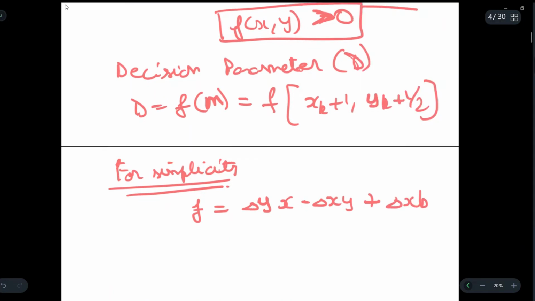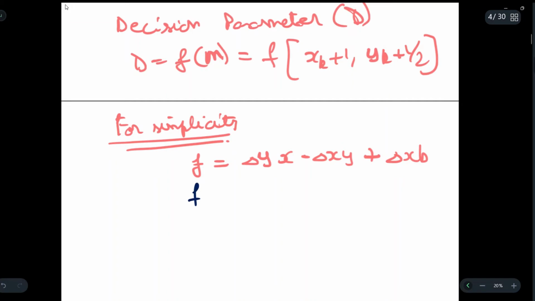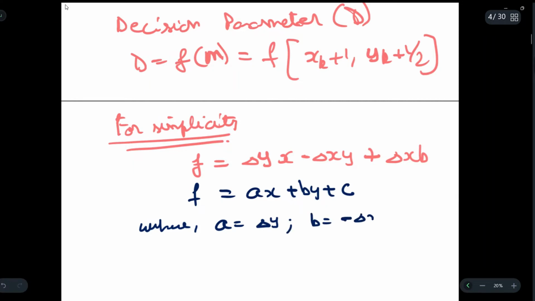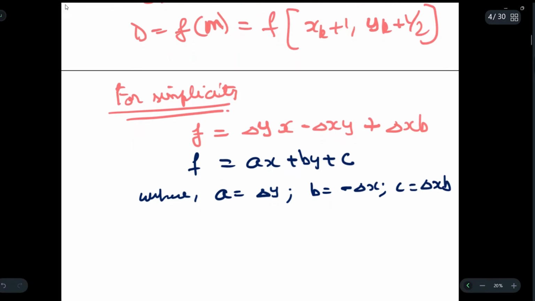In order to make the calculations easier, let us write this as ax plus by plus c, where a is equal to del y, b is equal to minus del x, and c is equal to del x b. We have solely done this in order to make our calculations easier.